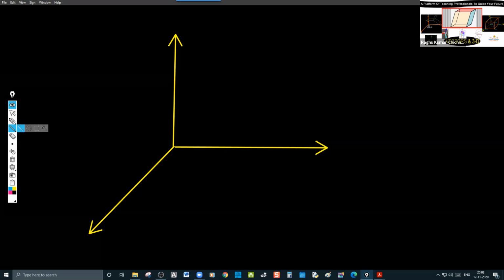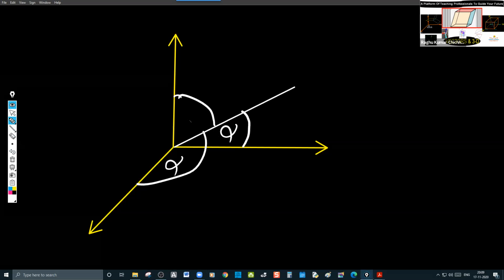If you take some line like this, let us suppose it is making an angle alpha with the x-axis, the same alpha with the y-axis, and the same alpha with the z-axis. That means alpha is equal to beta is equal to gamma.